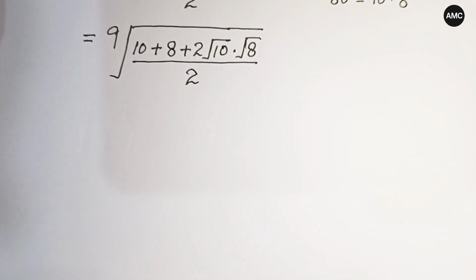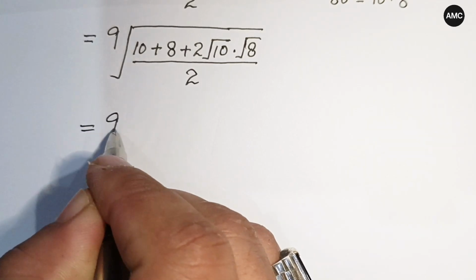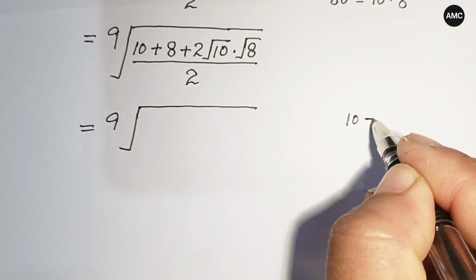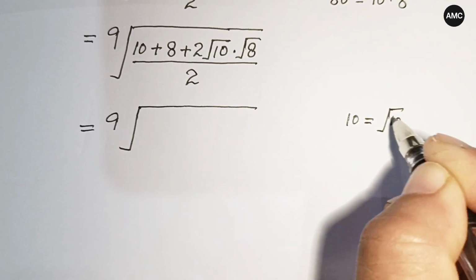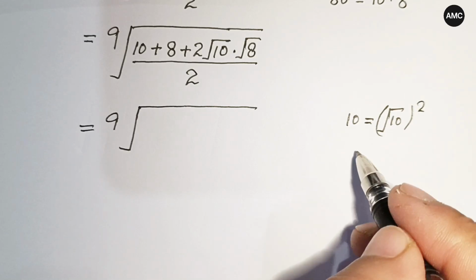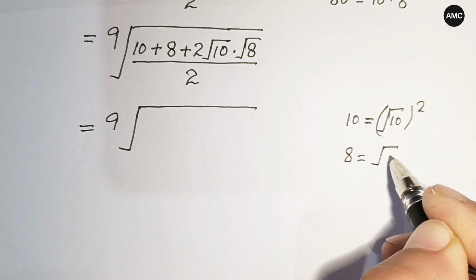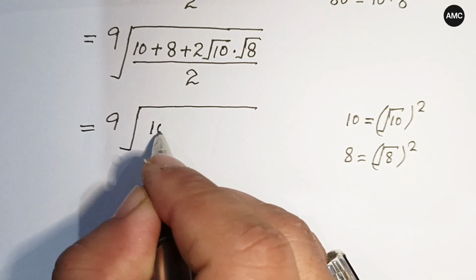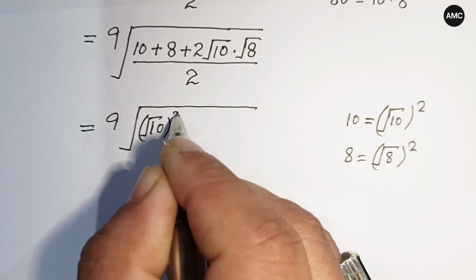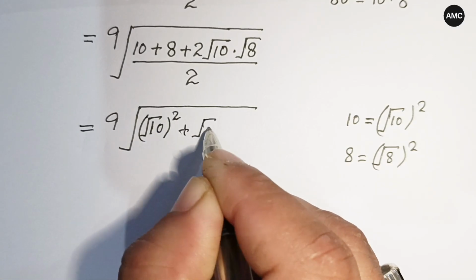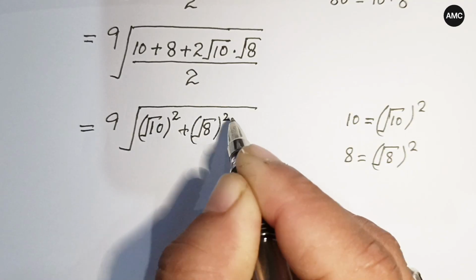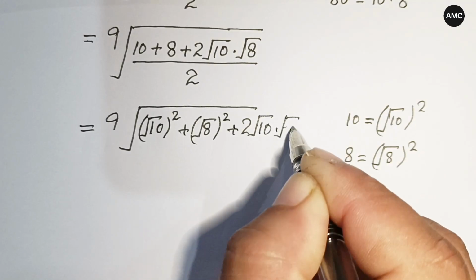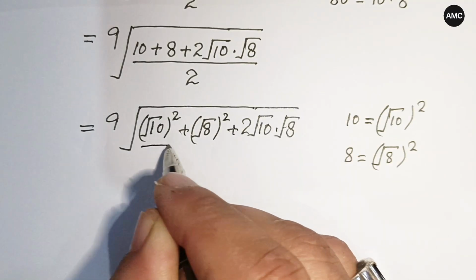Now our next step will be 9 times square root of, this 10 is equal to square root of 10 whole squared, and also 8 is equal to square root of 8 whole squared. So we have square root of 10 whole squared plus square root of 8 whole squared plus 2 times square root of 10 times square root of 8 all over 2.